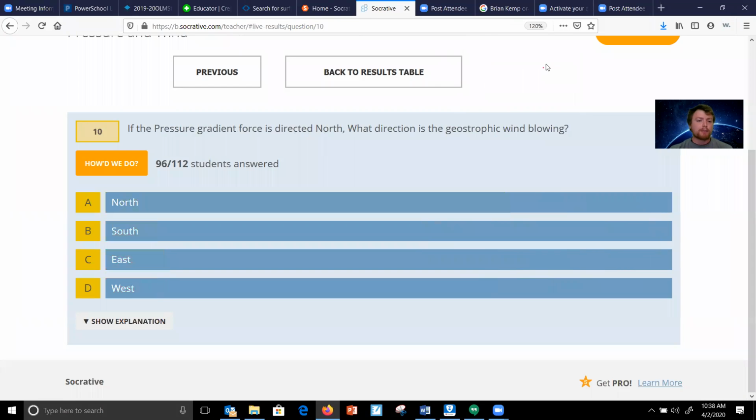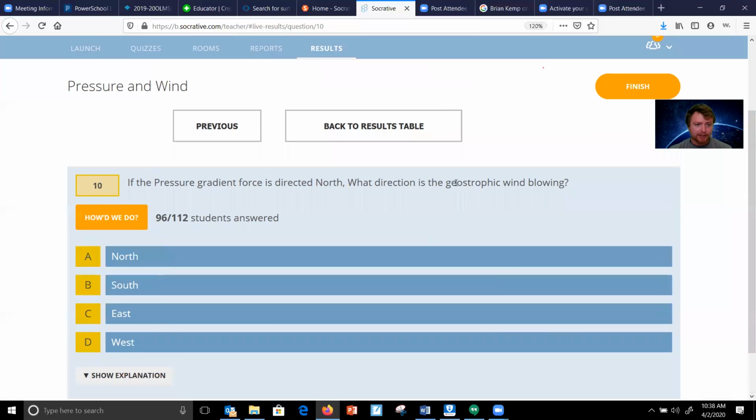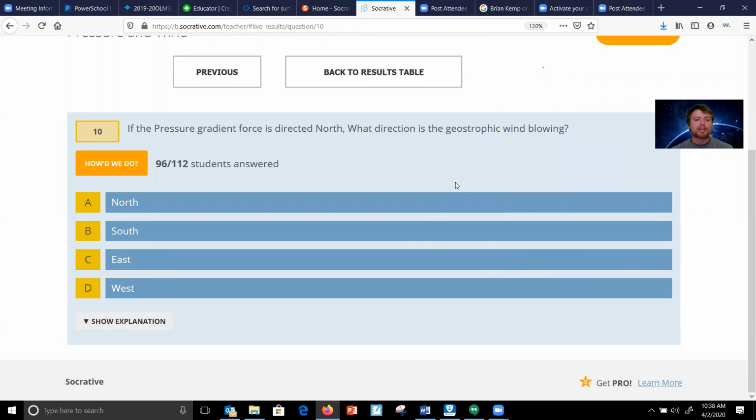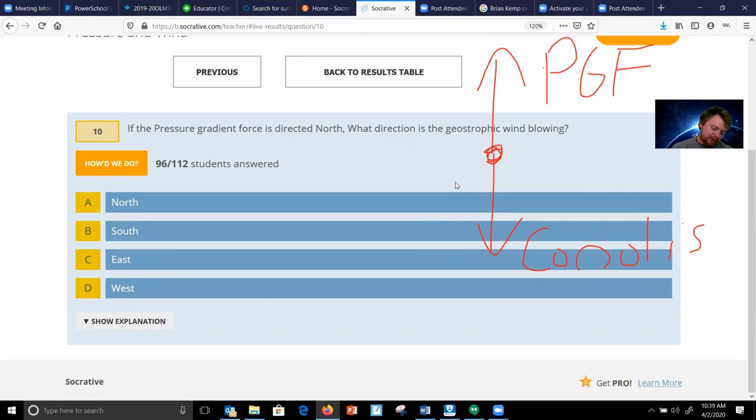So we can go to the next one. All right, so now we know what direction the pressure gradient force is. Again, this is actually the same thing, right? The pressure gradient now I know is north. That also means, if it's geostrophic balance, that my Coriolis force is south, and I've got to have a wind that is blowing in these directions.